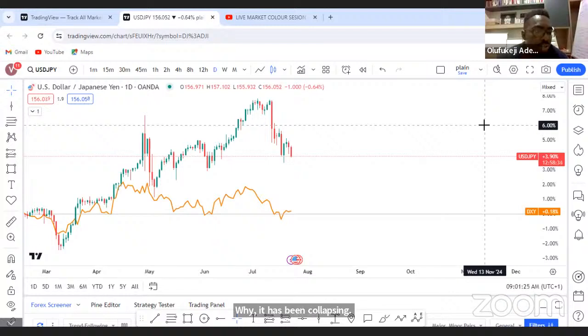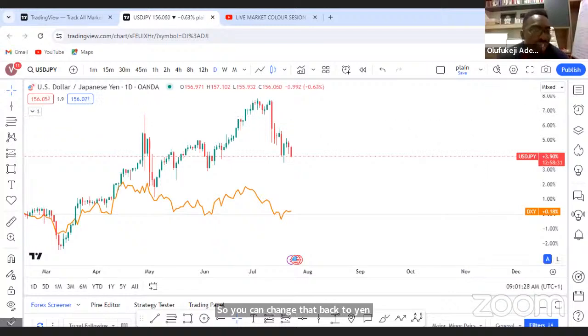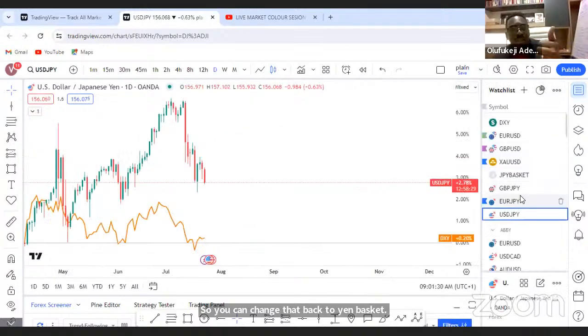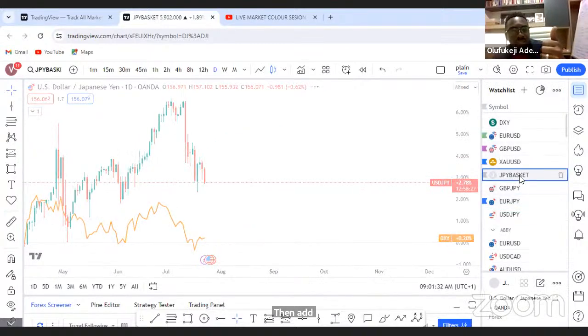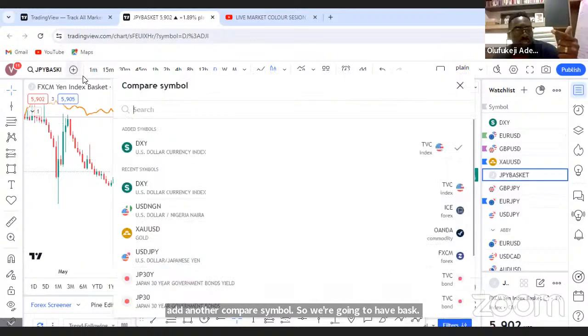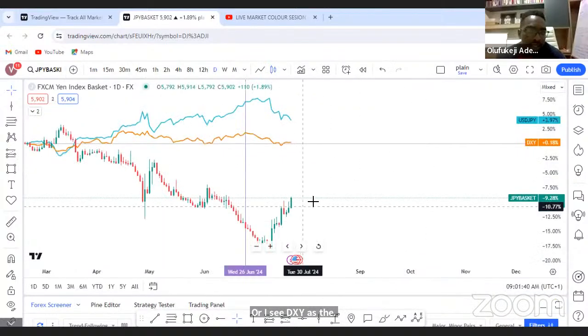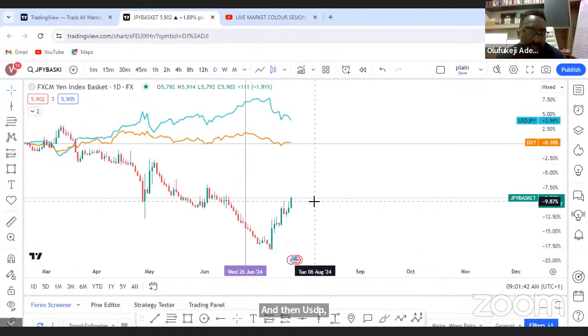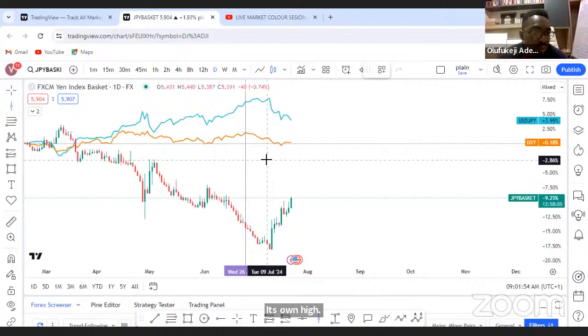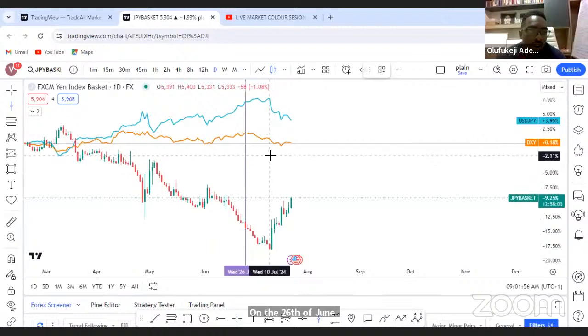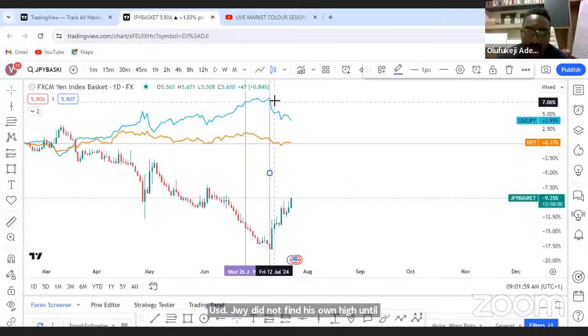So you can change that back to yen basket, then add another compare symbol. We're going to have yen basket as the main currency, DXY, and then USD JPY as another comparison. So you see USD JPY as the blue line above. The dollar index found its own high on the 26th of June. USD JPY did not find its own high until the 10th of July.